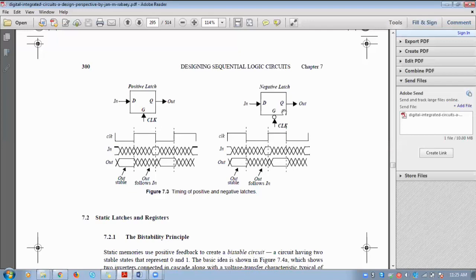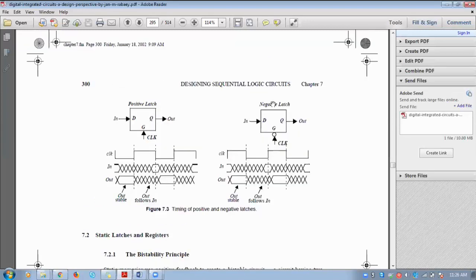The negative latch goes into hold mode when we apply logic 1, and at that time it will store the value. This is the normal operation of how a memory stores a value and passes the stored value to the output.